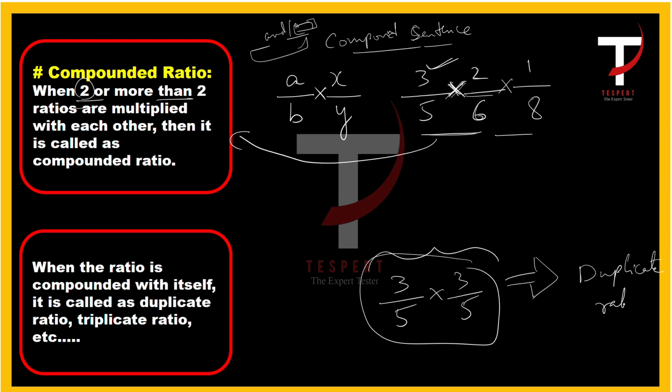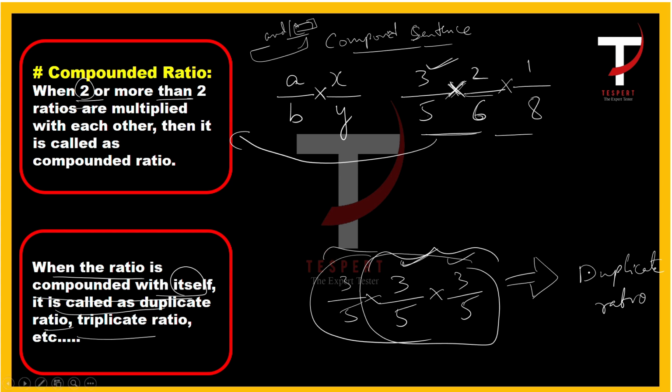When the ratio is compounded with itself, then it is known as a duplicate ratio. What is meant by triplicate ratio? Well, if you multiply with one more 3 by 5, this is known as a triplicate ratio.